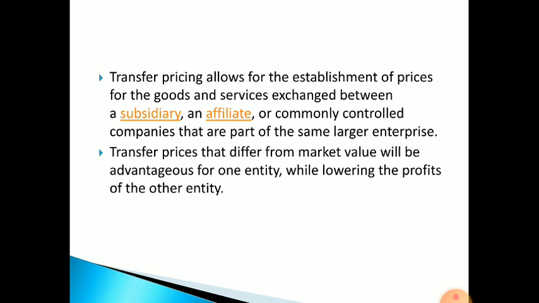It is the internal charge at which one department or division sells goods and service to another department or division in the same organization. The department or division or segment that supplies the product and service we call the supply division. Okay. And the department or division or segment that receives the goods and service is known as the receiving division.